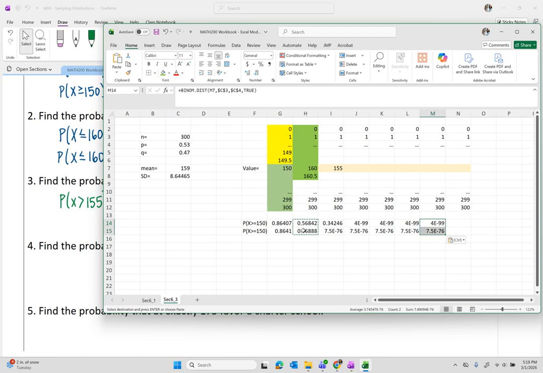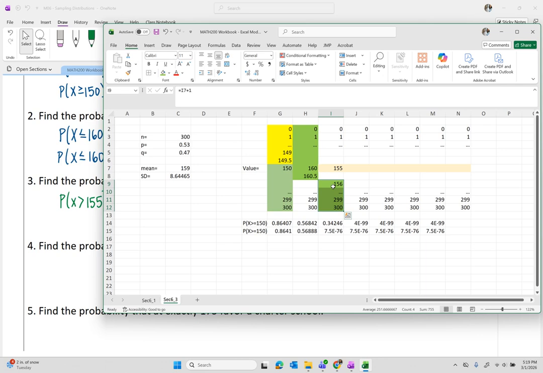We don't have the values that we need yet, but we will find them. So greater than 155 will be 155 plus 1. So it will be from 156 to 300. So they're asking us to find this.